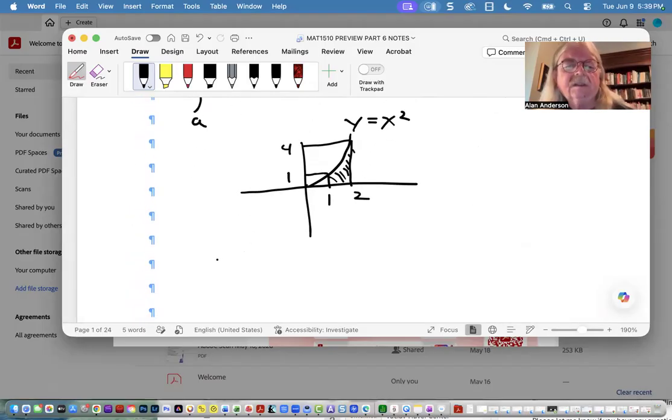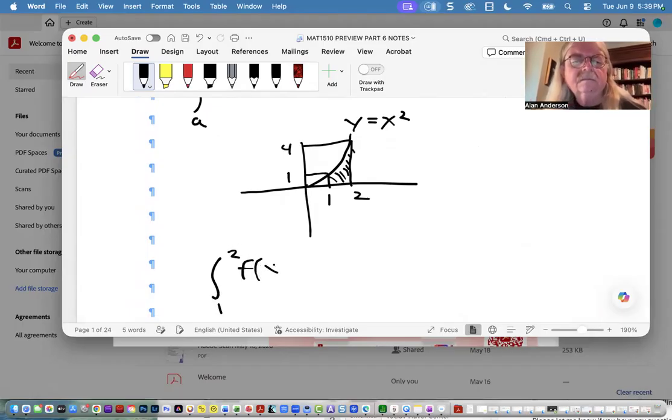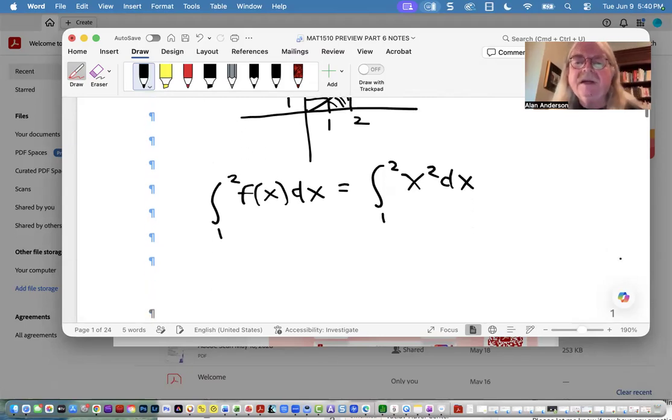First of all, it's the integral of x squared dx. Now, if you remember, we apply here the power rule.